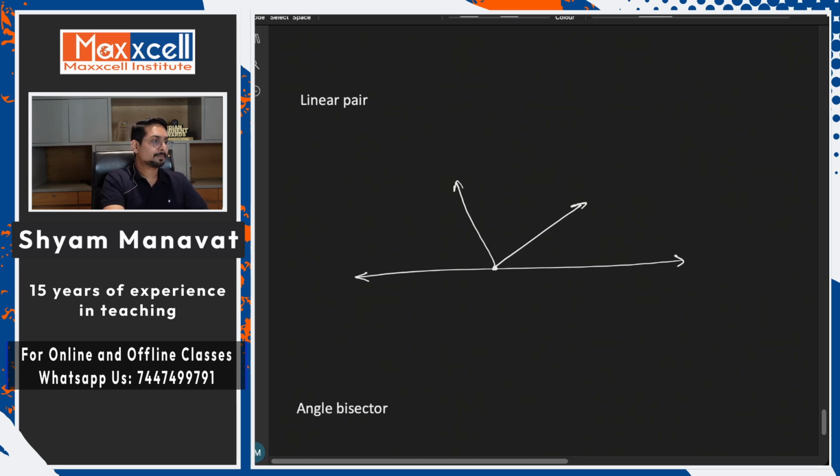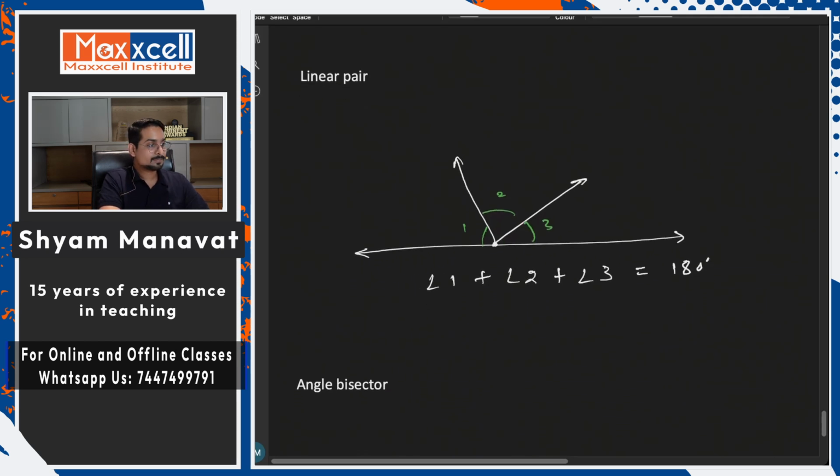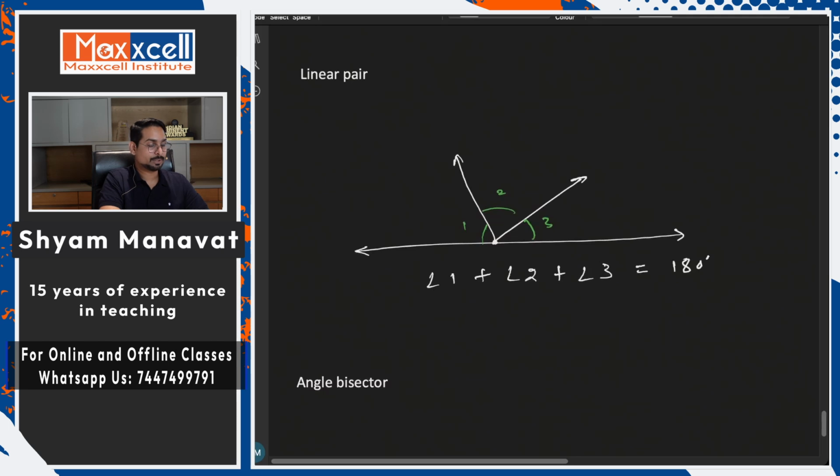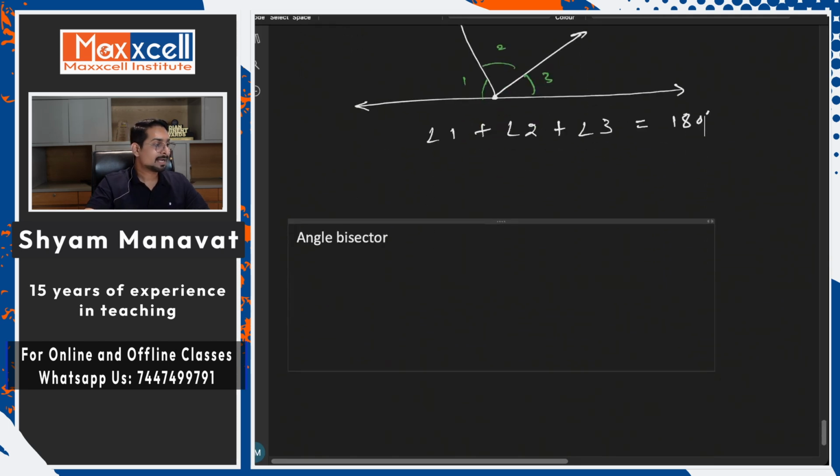Say 1, 2, 3, or it can be more than that, or it can be only two angles also. But if they are on the same line, then we can say the sum of angles is equal to 180 degrees. Yeah, a linear pair. I hope you understand that.